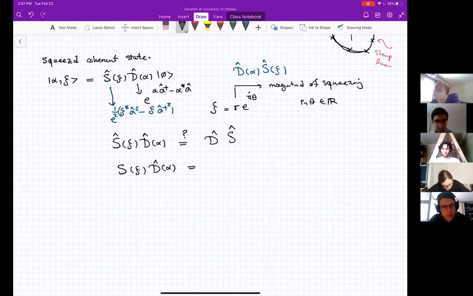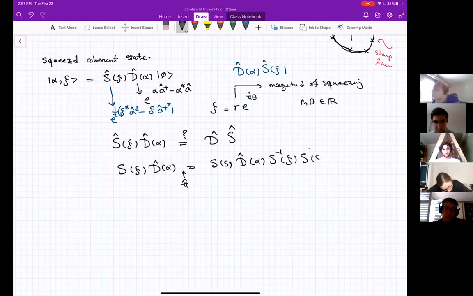We can insert an identity here. So it means that you have S of zeta, D of alpha, S dagger, or S to the power of -1 of zeta, S of zeta. Okay. Do you understand what I'm doing? I'm adding identity here. These can be calculated.